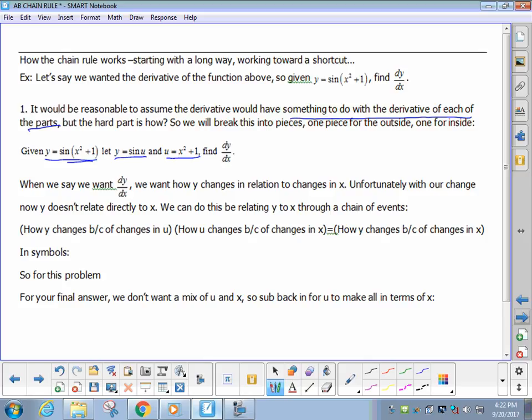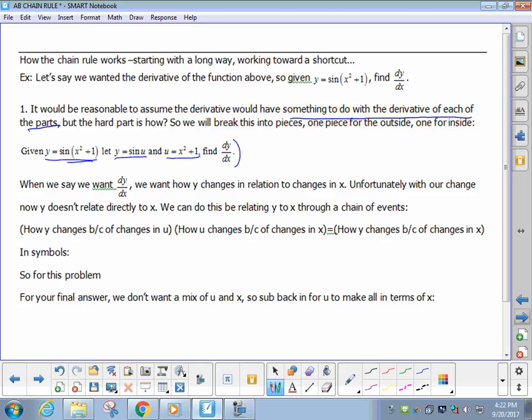Now, breaking it into pieces will allow us to see how the chain rule works. We're going to set up a chain of events. The problem is that when I say dy dx, I want to see how y changes with respect to x.